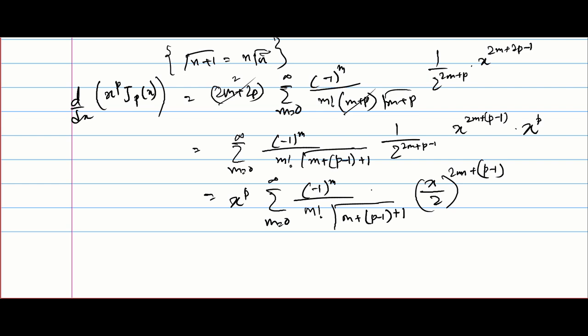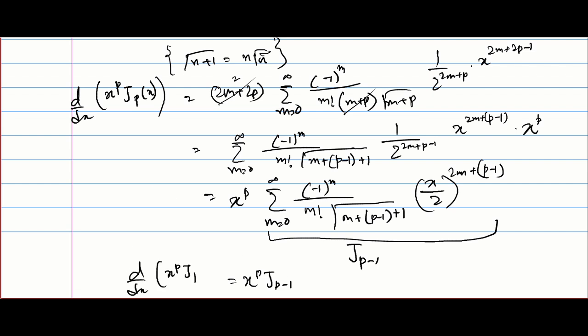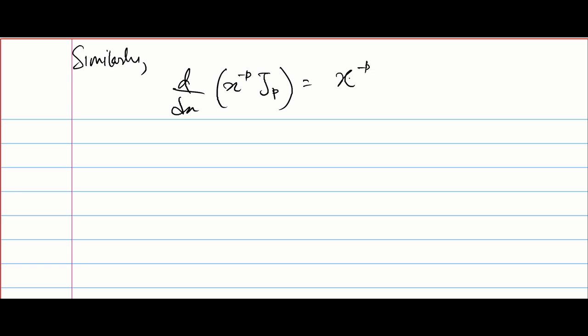Okay, so this term is basically J p minus 1. So d/dx of x^p Jp is x^p J p minus 1. Similarly, we can prove that d/dx of x to the power minus p Jp is minus x to the power minus p J p plus 1.